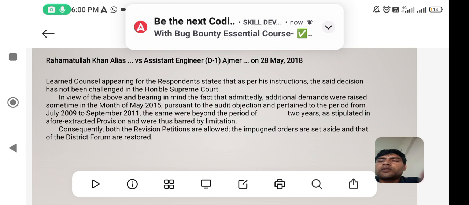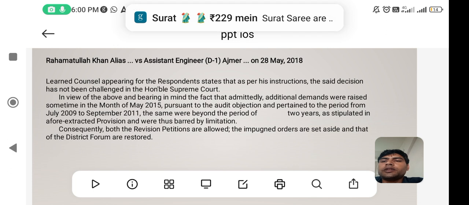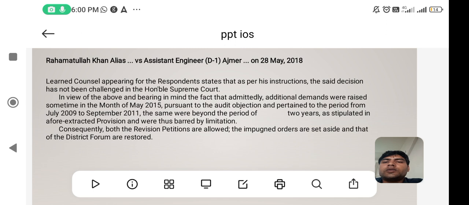In view of the above, bearing in mind the fact that additional demands were raised sometime in the month of May 2015 pursuant to an audit objection and pertain to the period from July 2009 to September 2011, the same were beyond the period of 2 years stipulated in the aforesaid extracted provision and were thus barred by limitation.